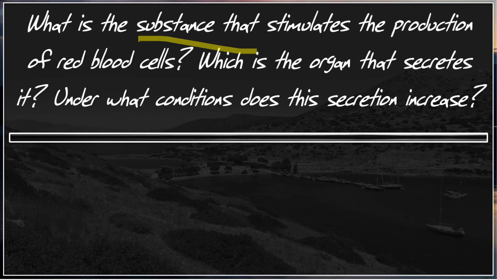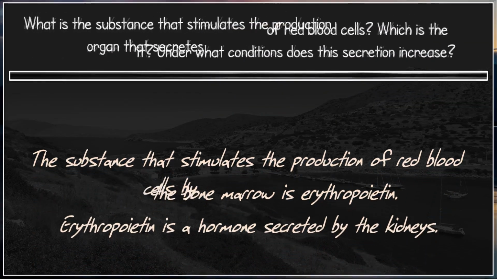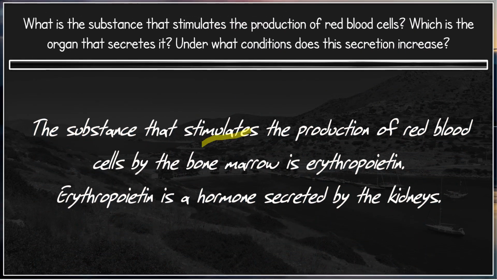What is the substance that stimulates the production of red blood cells? Which is the organ that secretes it? Under what condition does this secretion increase? The substance that stimulates the production of red blood cells by the bone marrow is erythropoietin.